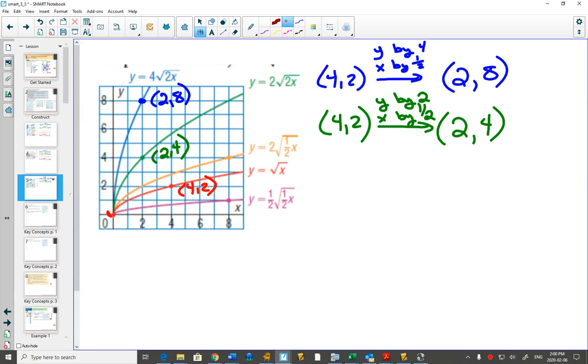Two more to go. So on our orange graph, we have a 2.5. That means y is getting multiplied by 2, and the x is getting multiplied by the reciprocal, which is 2 over 1. That gives me 8, 4.